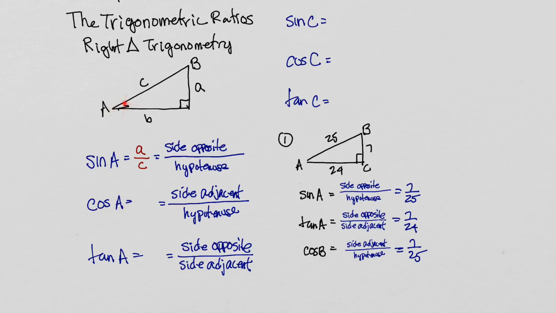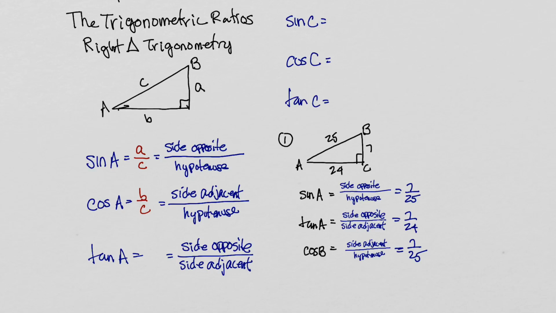Now, the cosine we define like this. The cosine of angle A is the side adjacent to A over the hypotenuse. So look at angle A. Here's the side that's adjacent to A. That's b. So let's write b over the hypotenuse, and the hypotenuse is c. Right?